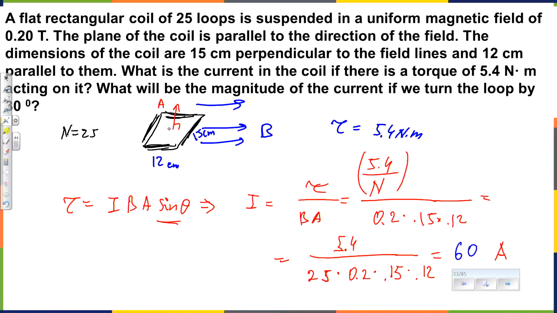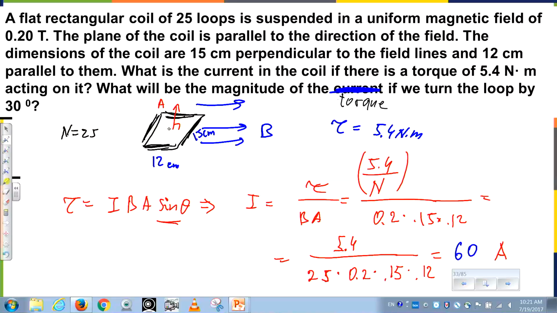Next question is a little bit trickier. What will be the magnitude of the torque if we turn the loop by 30 degrees?